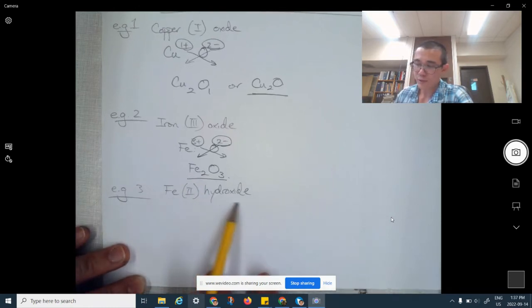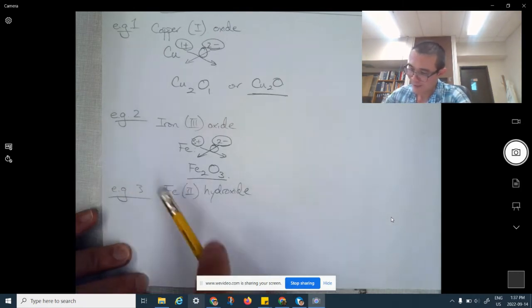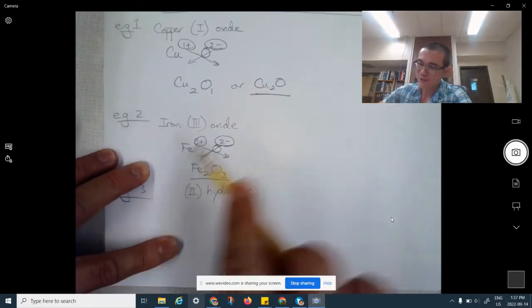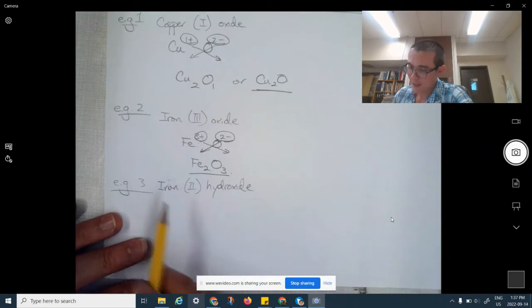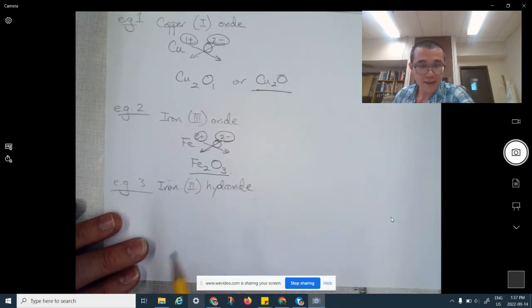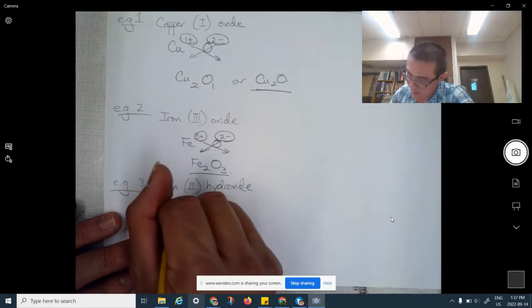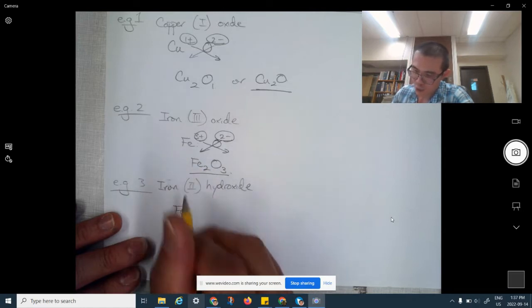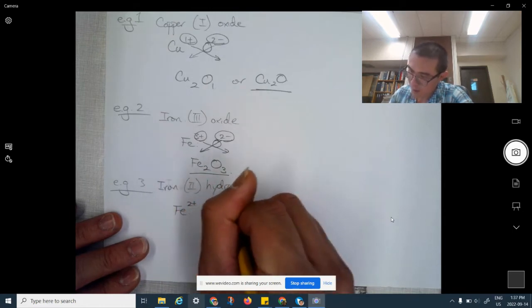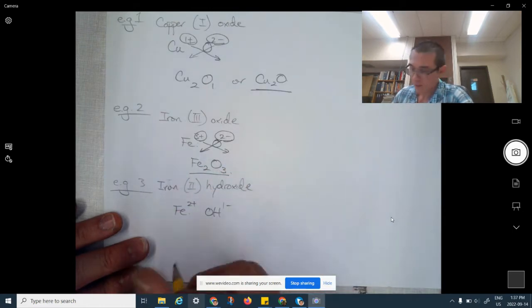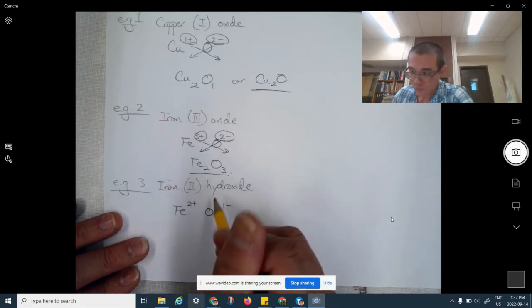Third example, slightly trickier because we have a polyatomic ion, but it's the same concept. Sorry, I somehow put in Fe2; I should be just writing its name to formula. So iron 2 hydroxide. In this case, the iron is 2 plus. Hydroxide, as you might remember, is OH 1 minus. So you do the crossover rule.